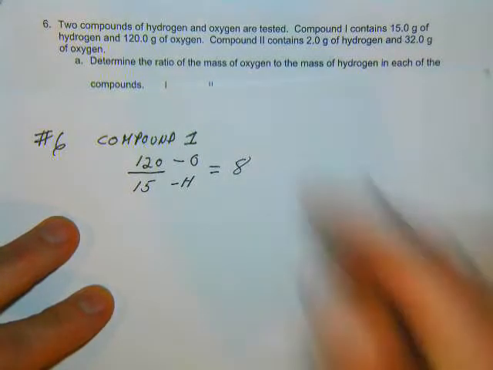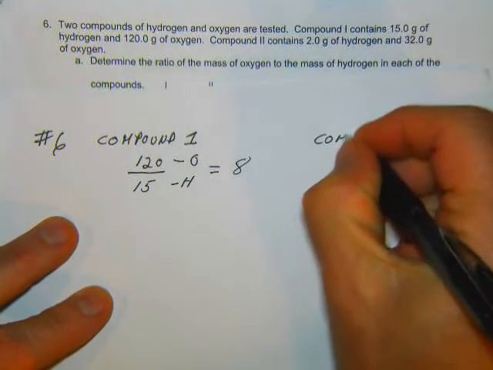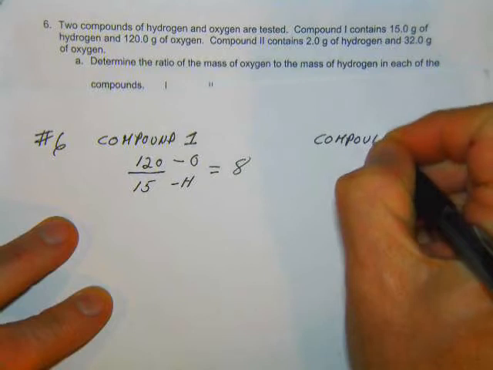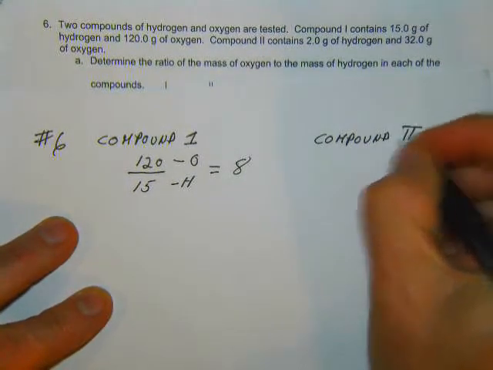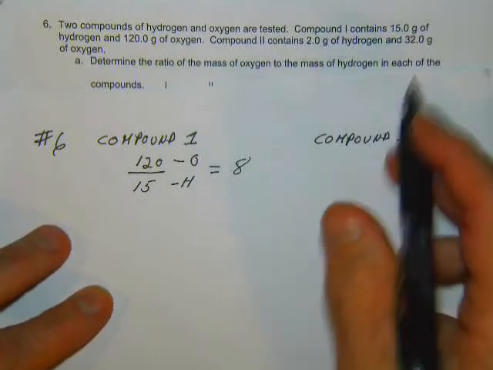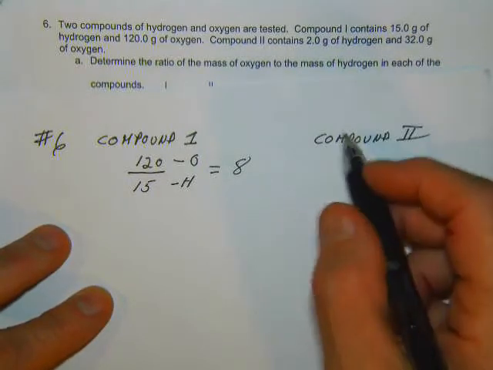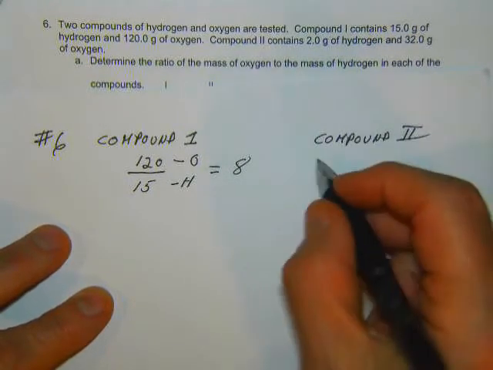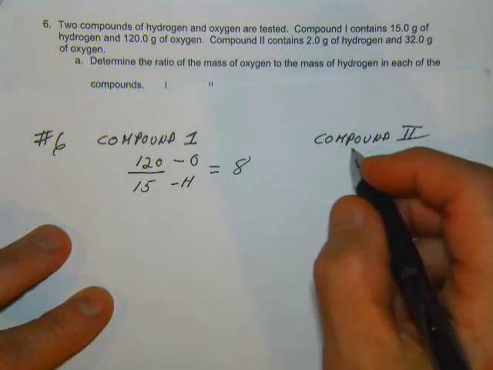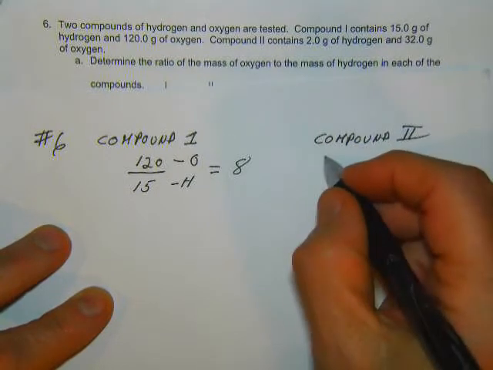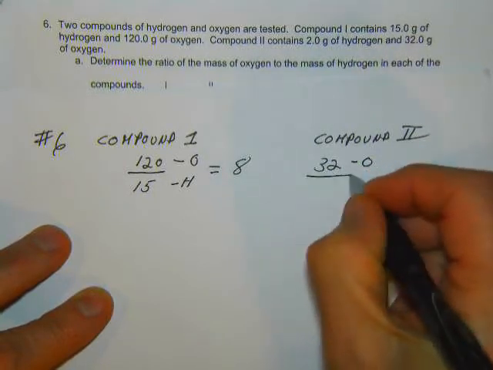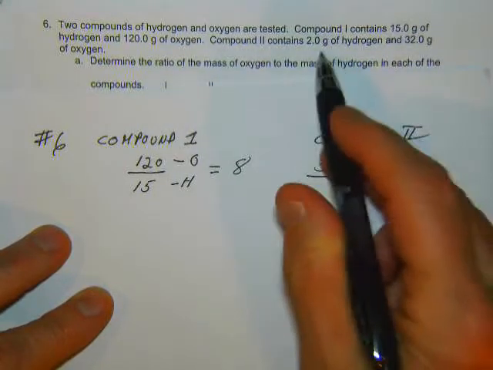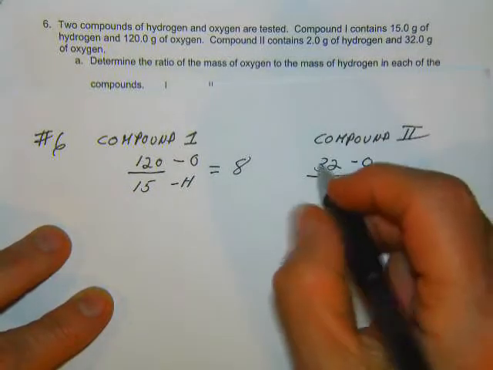And let's go ahead and do compound 2. So compound 2, I guess we'll use the Roman numerals. We've got 32 grams of oxygen to 2 grams of hydrogen.